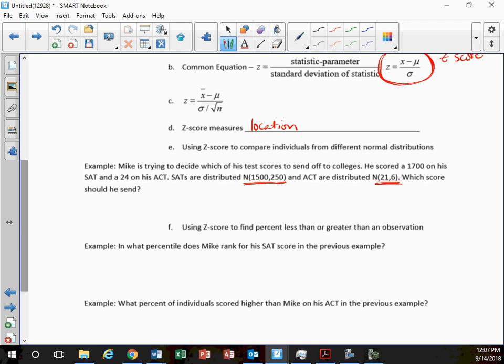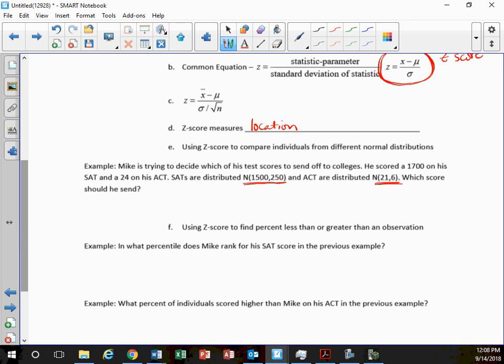I don't know if that's completely accurate for where we are right now with scores, but just so you know. So what we're trying to do is figure out which of those scores is actually better. Should he send the 1,700 or should he send the 24? Do you see both of them are above the mean, right? We're just trying to figure out how far above the mean, as far as which one is better.